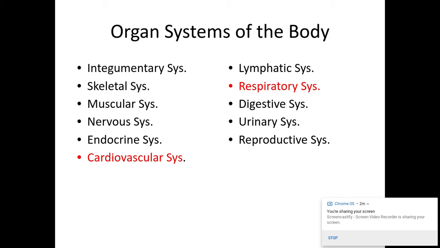Your lymphatic system is something that we'll talk about when we get to phases of healing. Your lymphatic system is the reason why you have swelling when you do get injured. So that's an important one, especially in the field of sports medicine. Respiratory is obviously going to be your lungs, digestive is stomach and intestines, then urinary and reproductive.